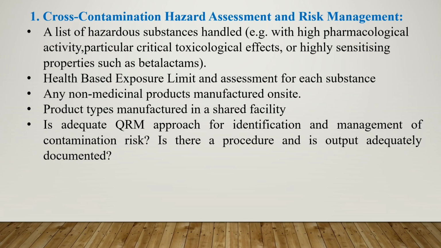Then is adequate QRM approach for identification and management of contamination risk, means for all these things the manufacturing side performs proper QRM, means what additional controls are taken or how they are controlled. The auditor wants to know how these molecules are handled, how all these things are managed through the QRM, which additional controls are taken, and what the outputs of the QRM are, is it properly documented and implemented at the site.